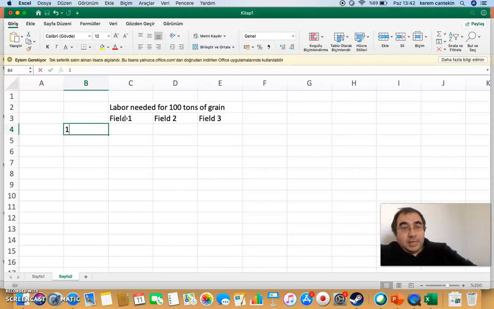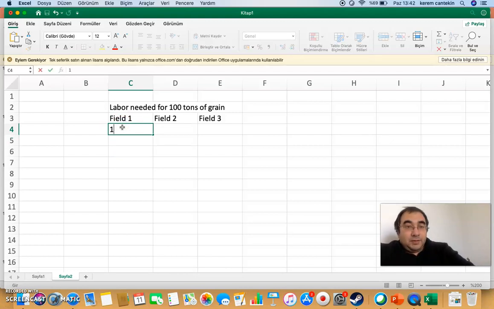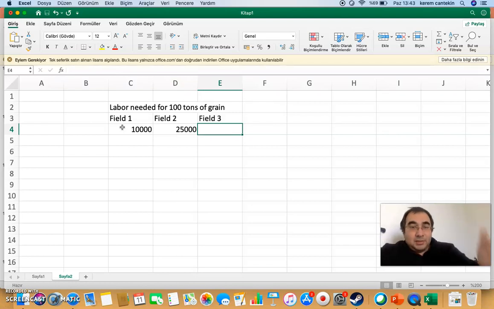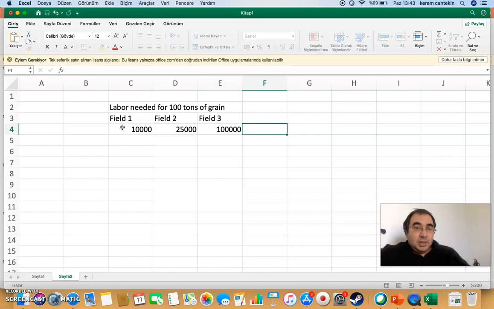So, case 1, case 2, case 3. We have 3 cases. Let's say field 1 is very fertile, so you only need 10,000 labor hours. Field 2 is less fertile, so you need 25,000 labor hours. And field 3 is very much less fertile, so you need 100,000 labor hours, for example.